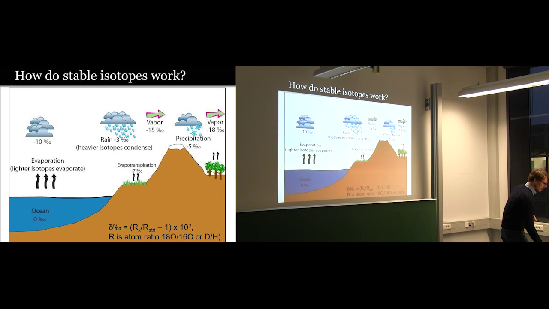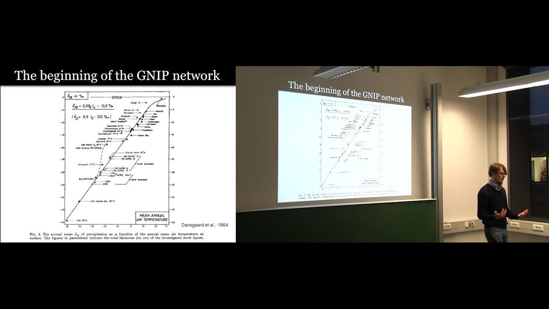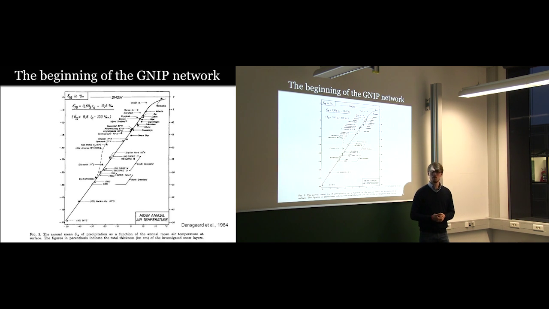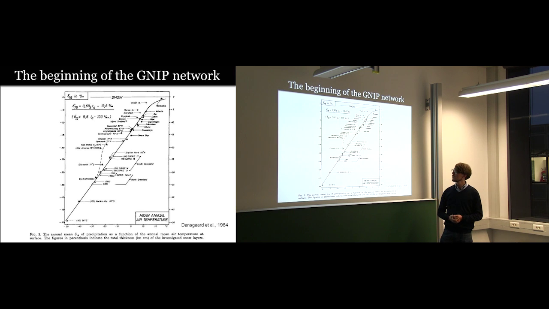So how did we start to recognize all these processes? This was done in the 50s, actually, with a network of meteorologic stations worldwide. At each station, people started to analyze the water and the isotopic composition of this water.